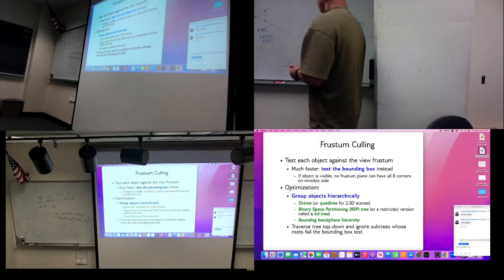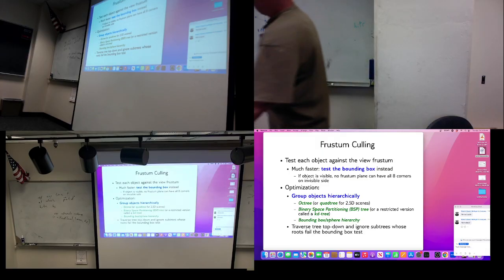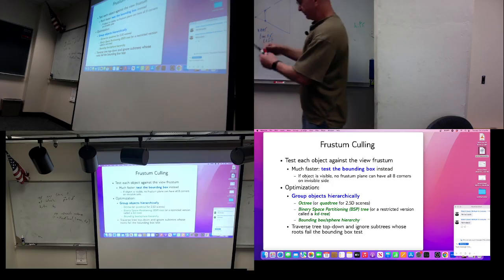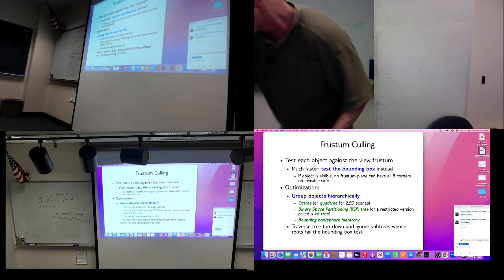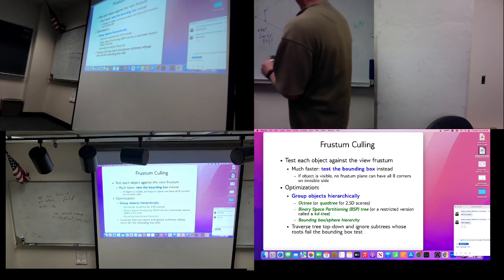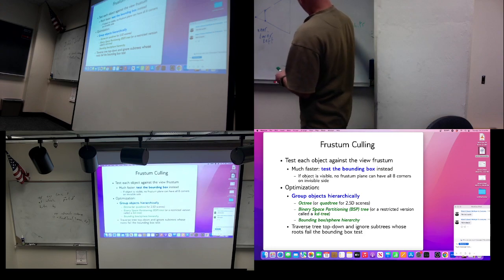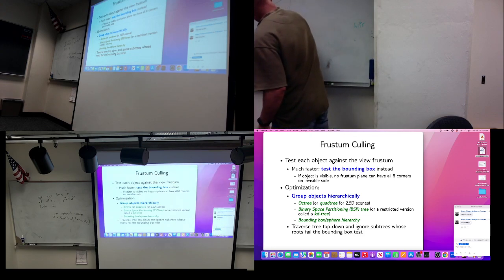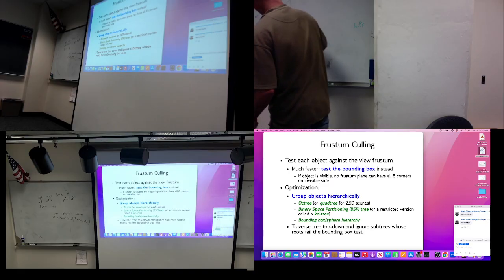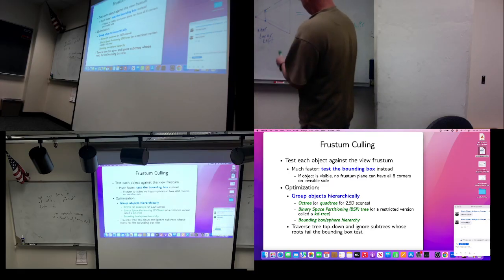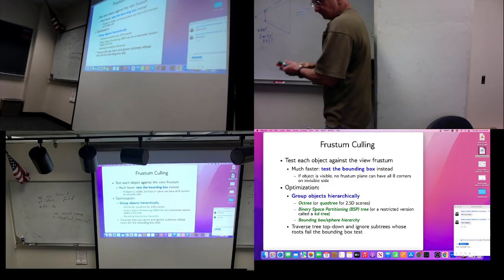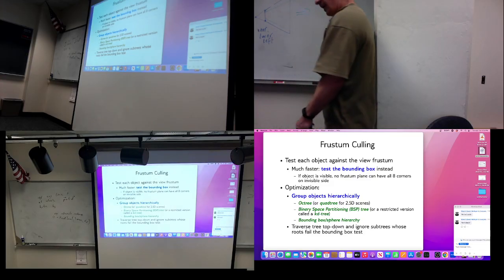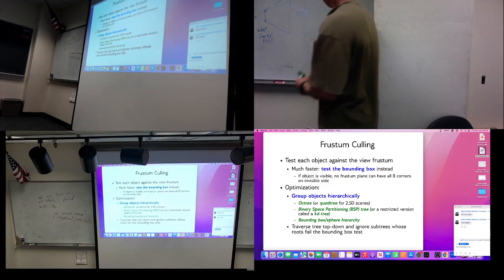You want to use a matrix that will take this frustum. I think that I already forgot. We'll take this frustum, and these are your visibility rays, and we'll transform this frustum into an axis-aligned frustum.